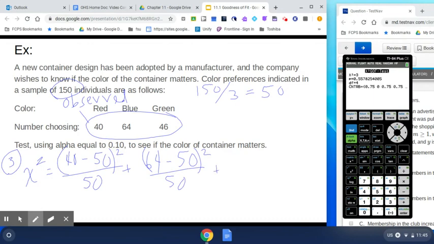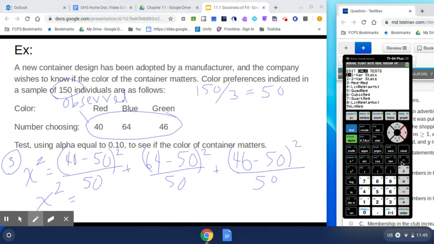And again for green, observed minus expected squared divided by expected. I'm going to go to the calculator, guys, to figure out what that sum is. So again, we're going to enter the data into our menu. So make sure that you are entering the observed values in list 1 and the expected values in list 2.